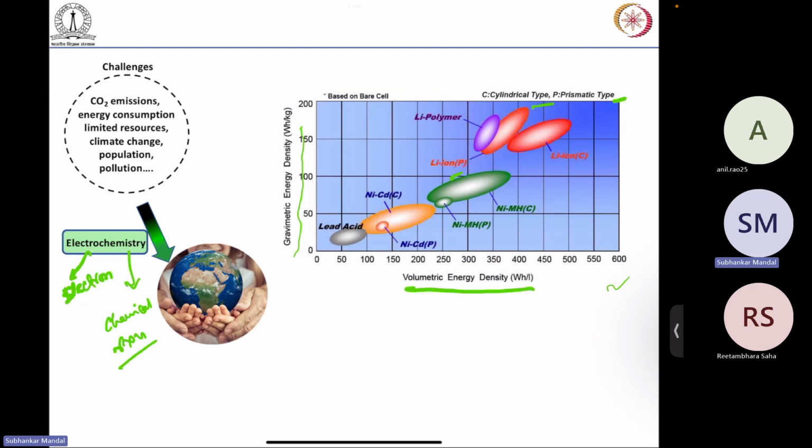Here you can see the lithium ion battery, it is this red bubble. The capacity, or gravimetric energy density, is quite high compared to the lead acid battery. In old days we used this lead acid battery, a black kind of box, like this 12 volt battery.